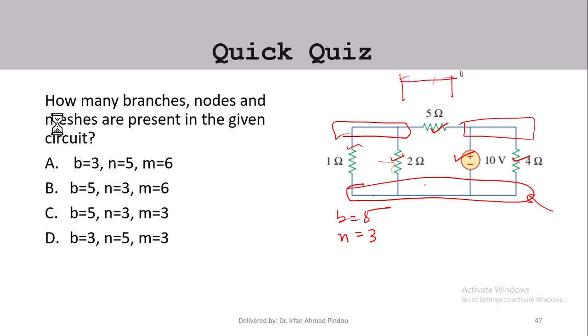Then the third one is the number of meshes. Now a mesh is different from a loop.